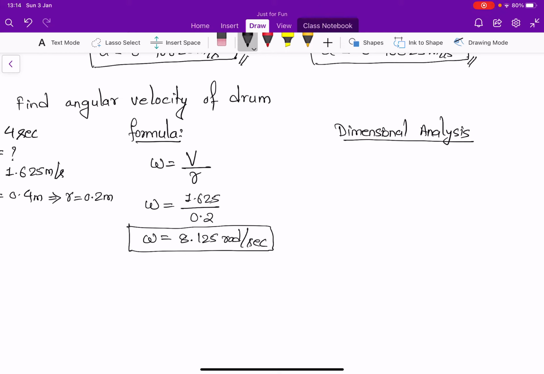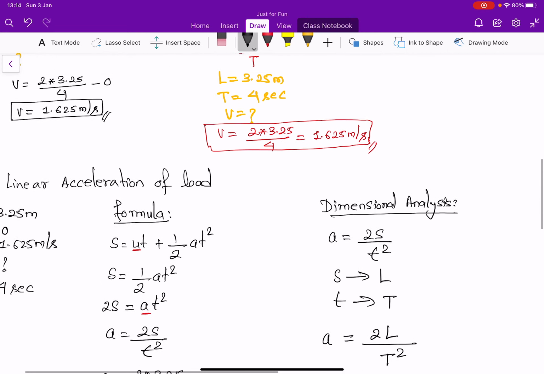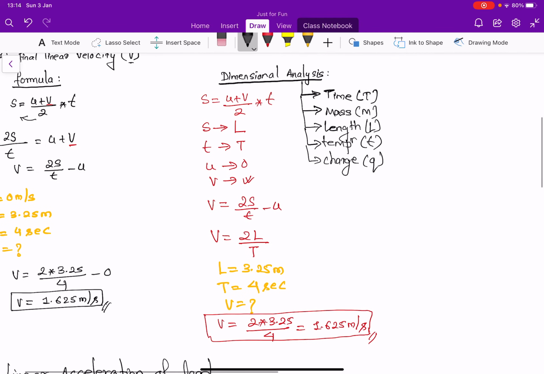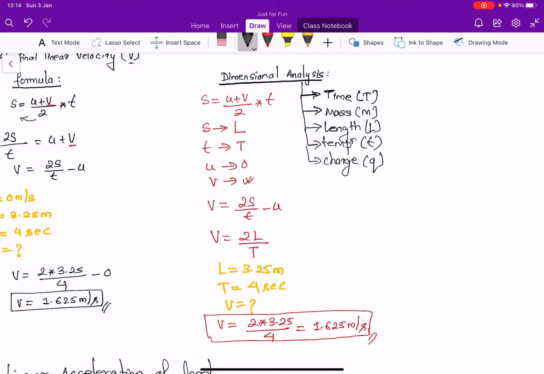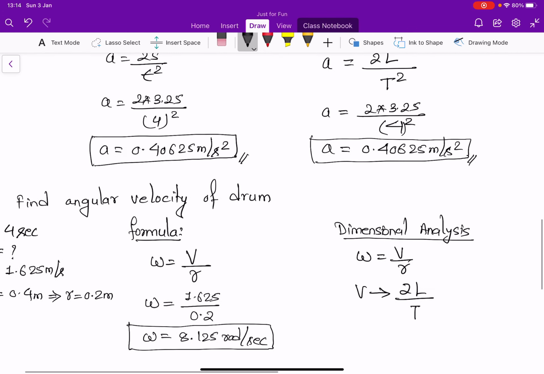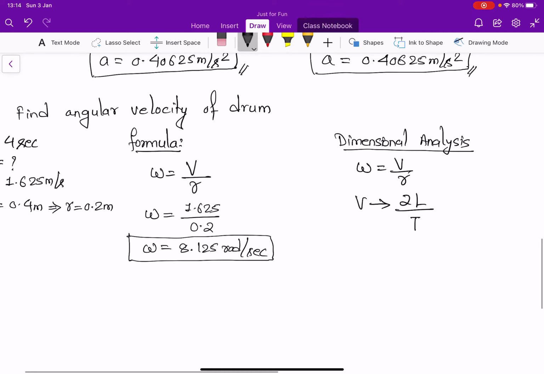As we know, the relationship is omega equals v over r, and v has a dimension of L over T. If you go back to our dimensions here, you can see that's the relationship we have. So L divided by T for v, and that's what I'm using here. And r is your length.